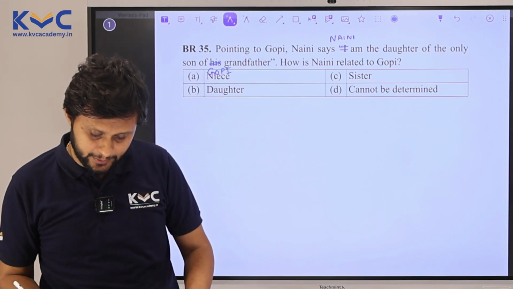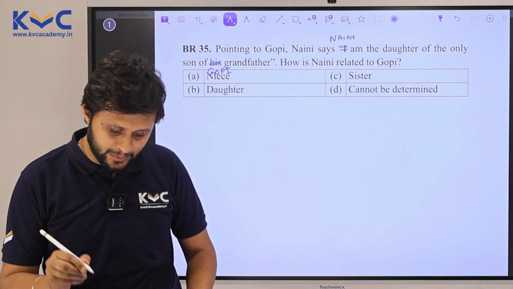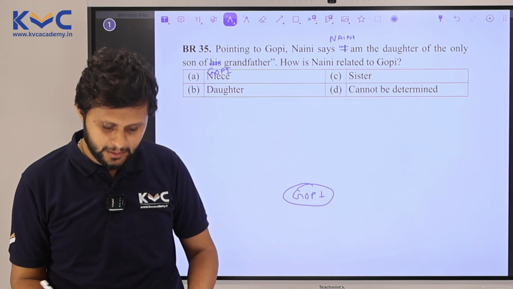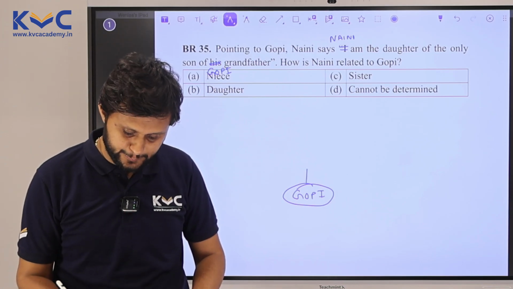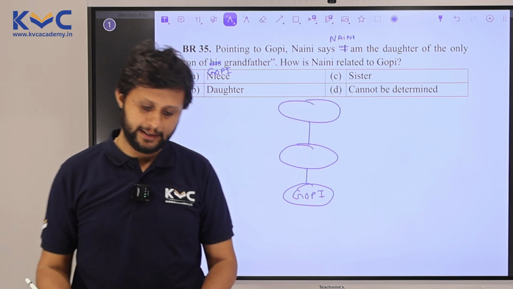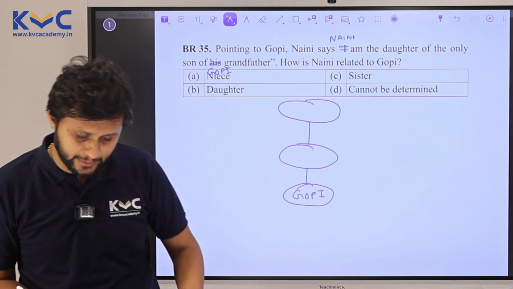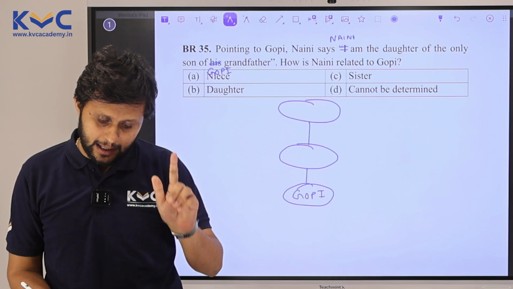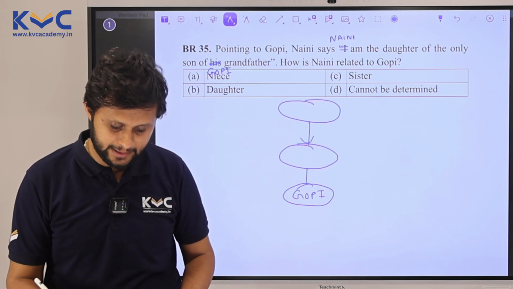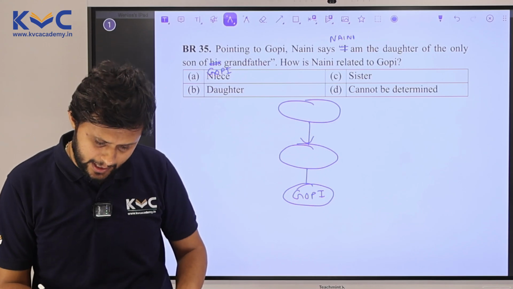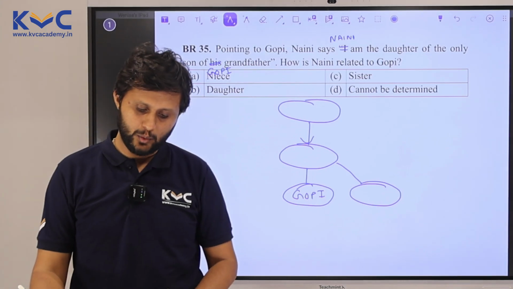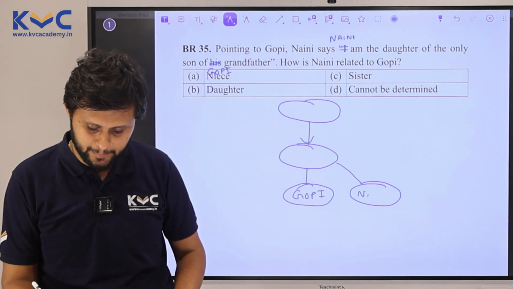So where "I" is there, I will put Naini. Naini is the daughter of the only son of Gopi's grandfather. So there is Gopi. Gopi's father is there. Gopi's grandfather is there. Now I am the daughter of the only son. The only son is there, and we have a daughter over here. Who is this person? This is Naini.